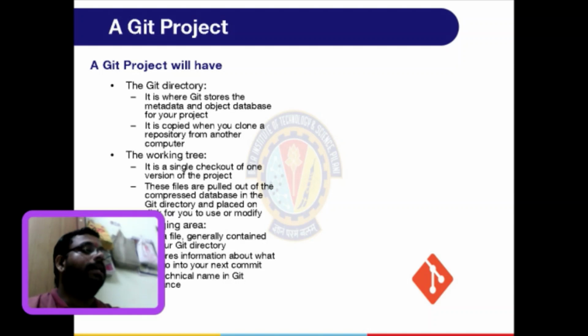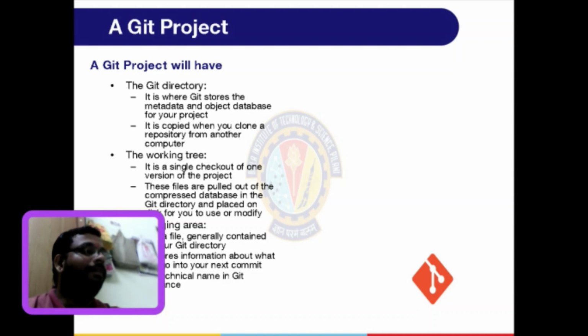It is a single checkout of one version of the project. These files are pulled out of the compressed database in the Git directory and placed on disk for you to use or modify. The staging area.